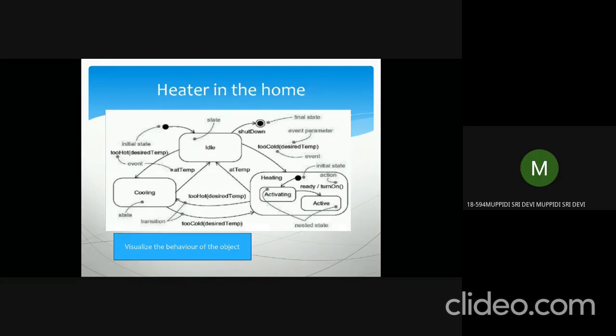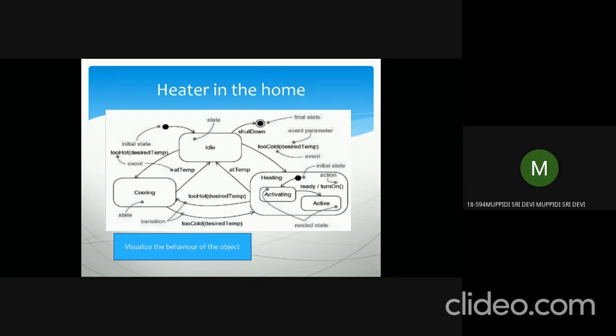If you see this diagram, idle and cooling are rounded rectangles. These are states. Generally, the contents in a state machine are states. Idle state and cooling state are simple states. There is another state, heating, which is a complex state.